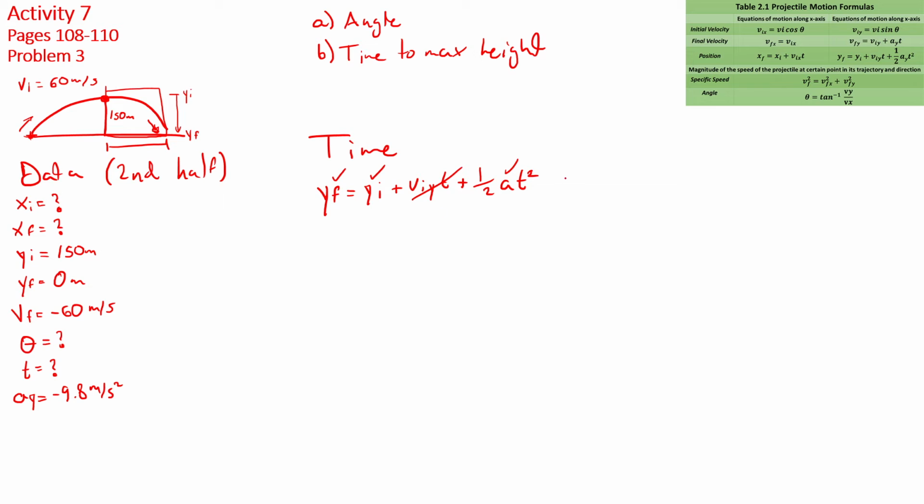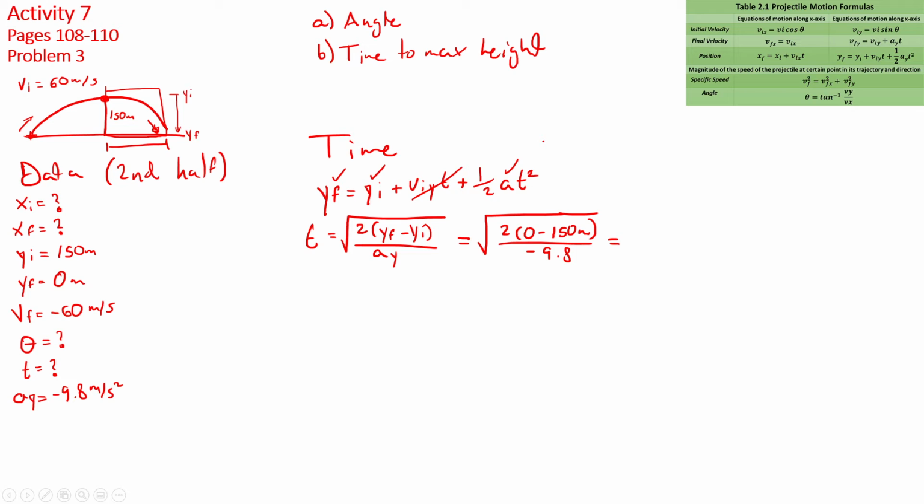And the formula for time will be time is equal to the square root of 2 times the final position minus the initial position, divided by the acceleration in the y-axis. That is 2 times 0 minus 150 meters divided by minus 9.8. Try to calculate this.